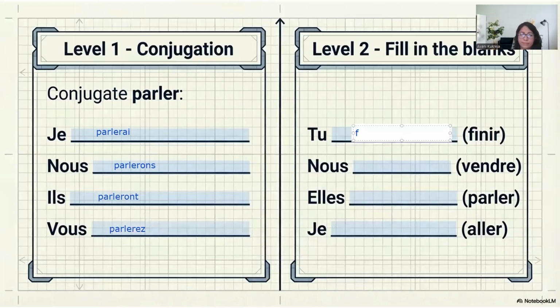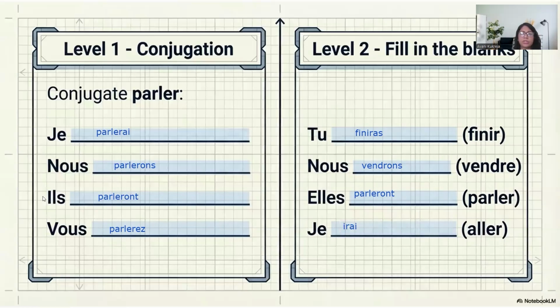Finira. Nous vendrons. Elles parleront. And je, j'irai. Very good. It will be J apostrophe. J'irai. Very good.